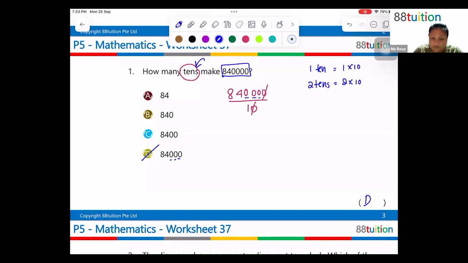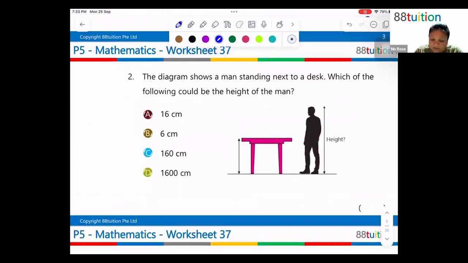All right. Let's look at question number 2. Have you thought about what is the height of your table? Any guess, your table in class? What do you think is the height of your table? Anyone? Make a guess. 1 meter? 100 what?